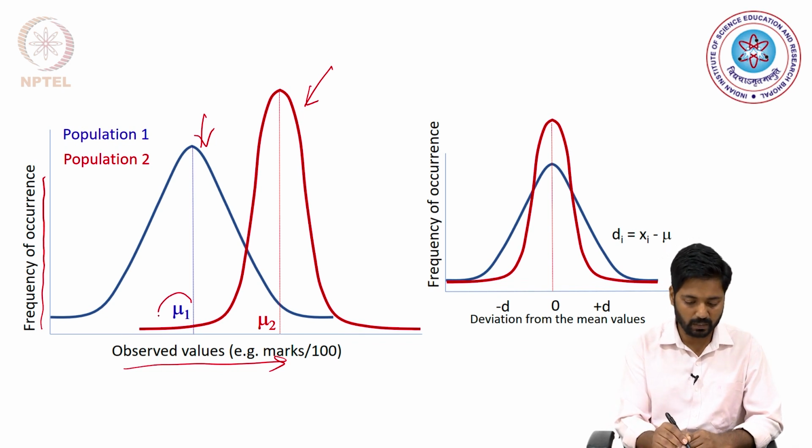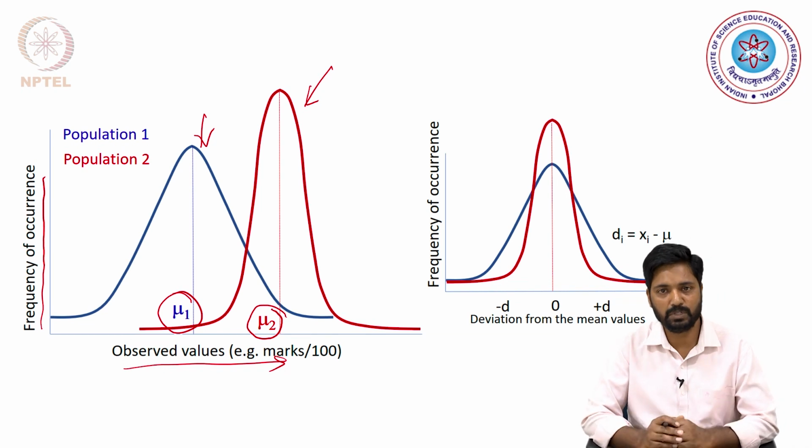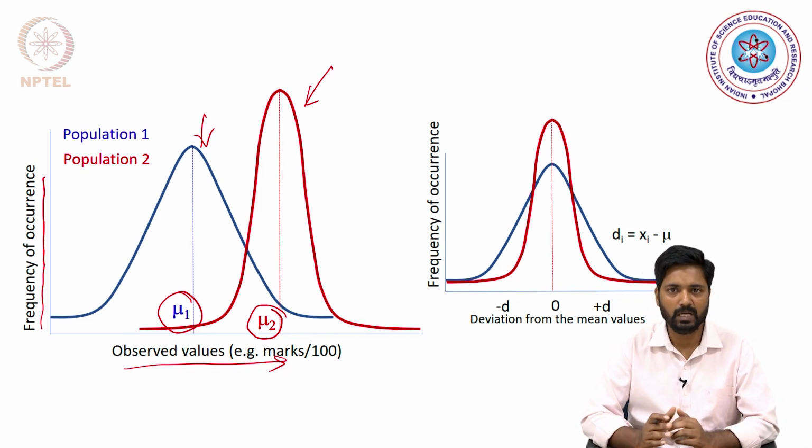For course 1, the mean value is given by mu1, and for course 2, the mean value is given by mu2. Now, the question is, how do we analyze these disjoint sets of data and try to arrive at a conclusion whether a particular point is distinctly different from the other?